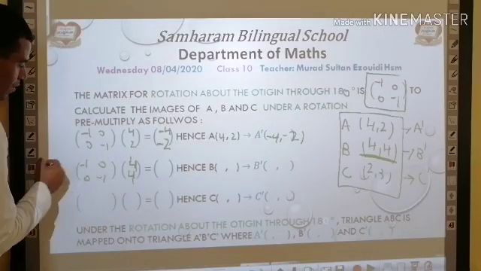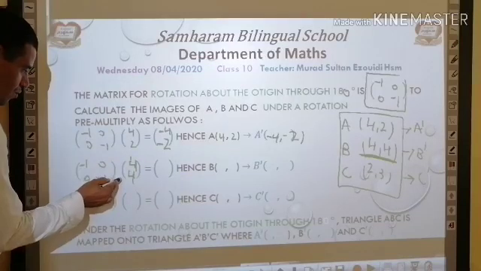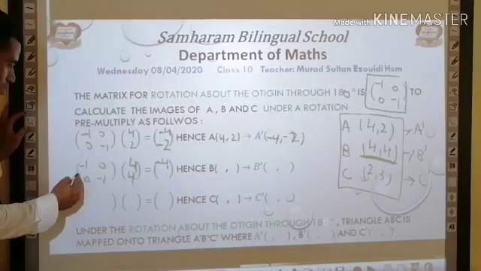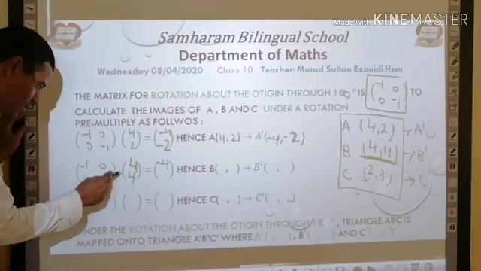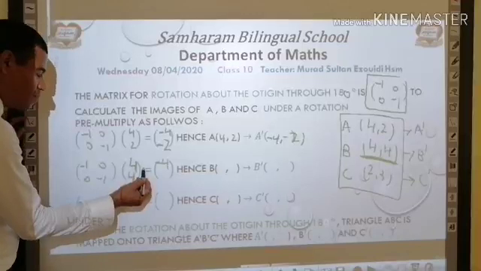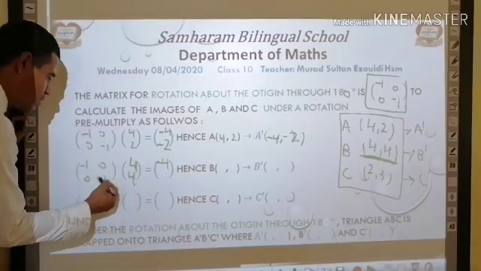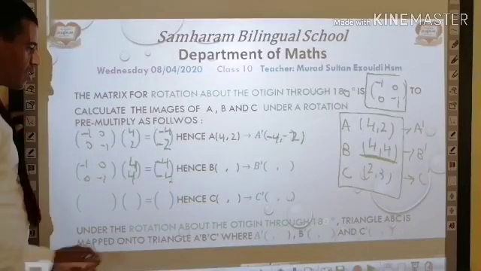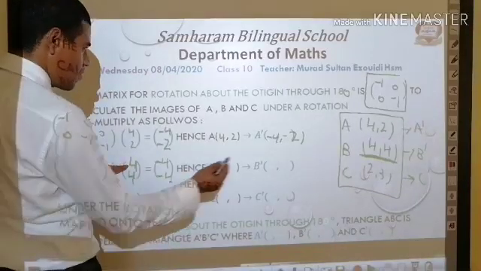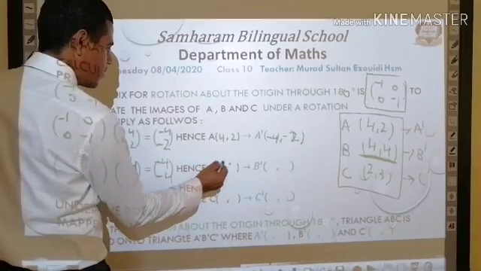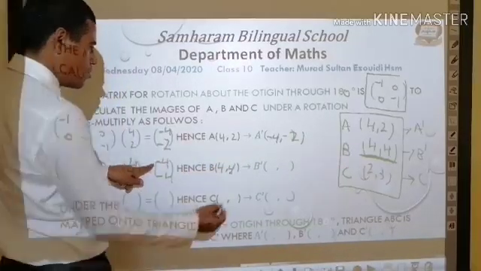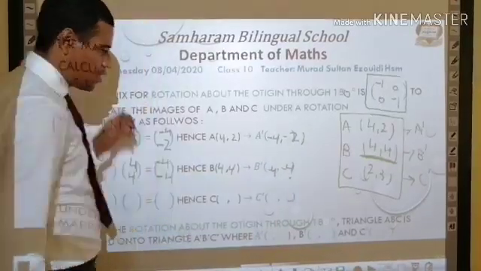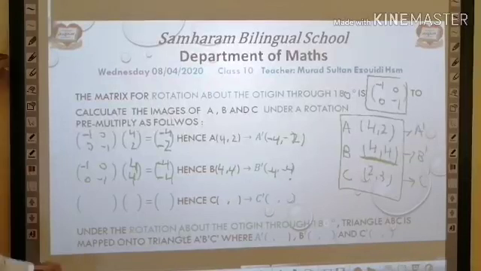Minus 1 multiplied by 4 is minus 4, plus 0 by 4 is 0, so minus 4. Then 0 multiplied by 4 is 0, minus 1 multiplied by 4 is minus 4, so minus 4. So, hence B with coordinates 4, 4 maps to B prime with coordinates negative 4, negative 4.